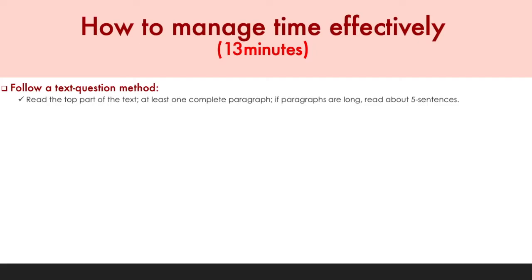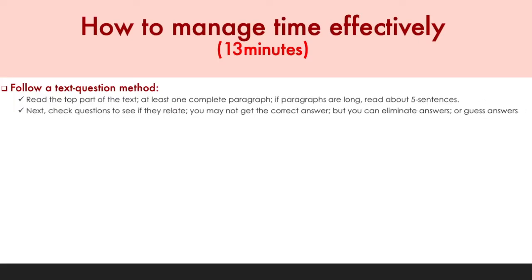If paragraphs are long, read about 5 sentences. Next, check the questions to see if they relate to what you read. You may not get the correct answer right away, but you can eliminate answers, or you can try and guess some answers.